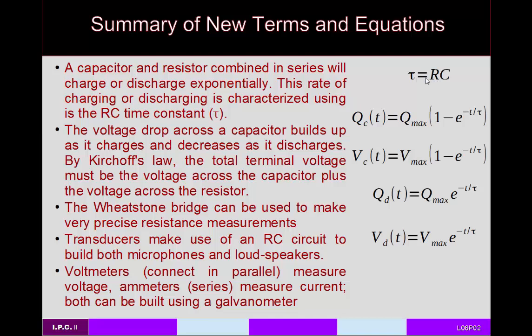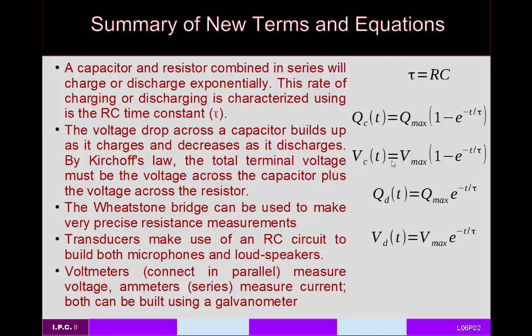There are some new equations. The main new equations are that the RC time constant tau is given by the resistance times the capacitance. And then if you're charging a capacitor, the charge is given by the maximum charge times 1 minus e to the negative t over tau.